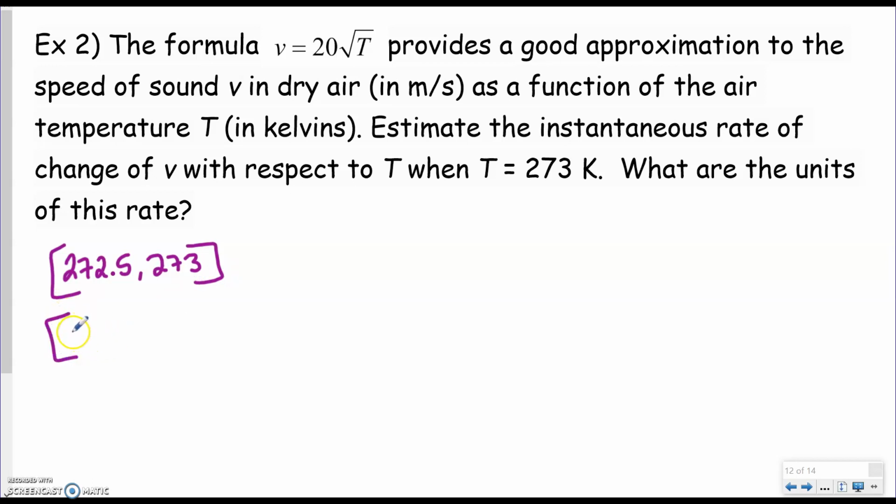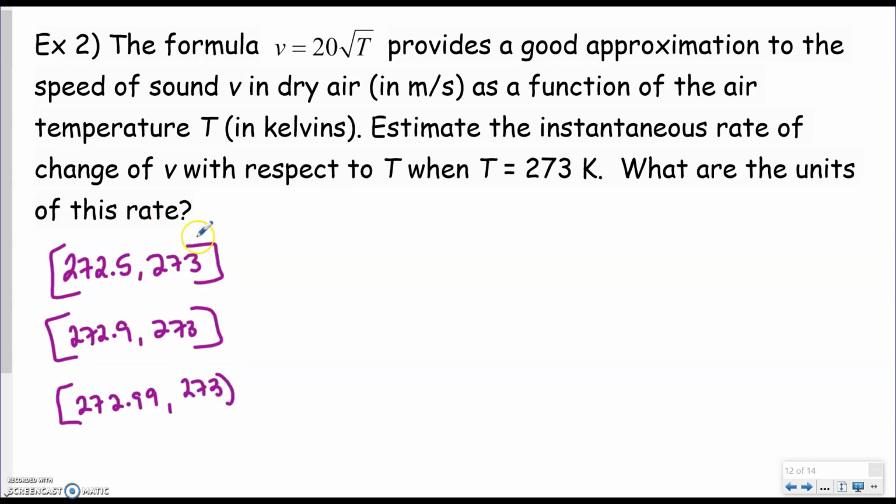I could go from 272.9 to 273. I could go from 272.99 to 273 and test those three values.